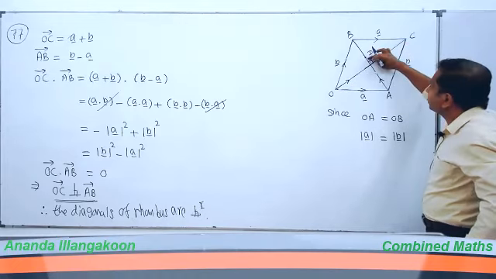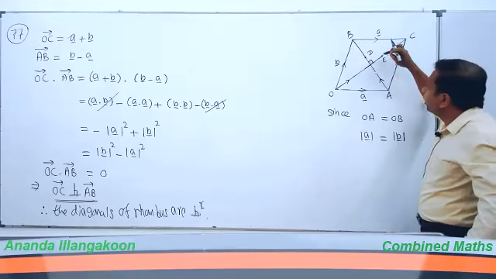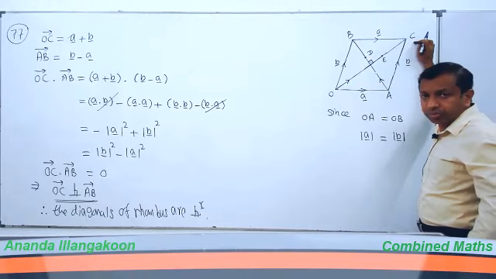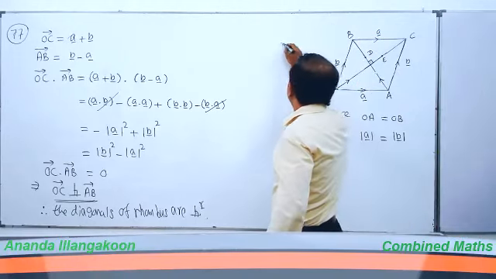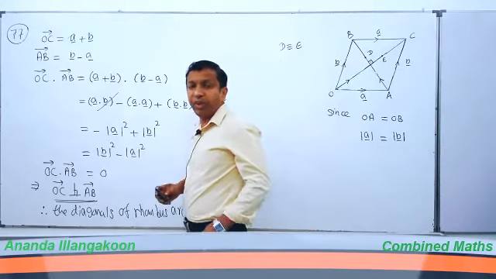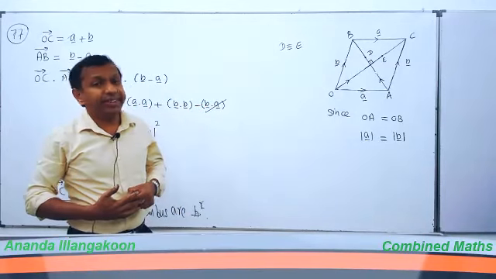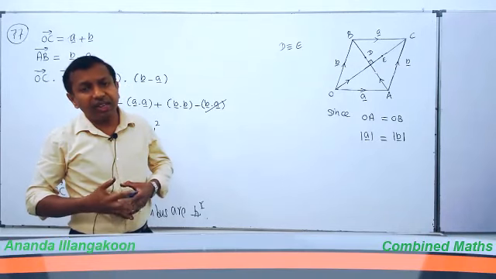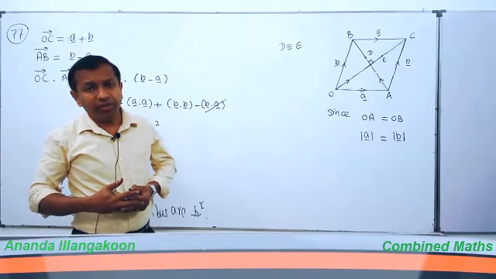D lies on AB. E lies on OC. I am going to show this point D coincides with point E. Point D overlaps with point E. That means D and E are not 2 points, right?